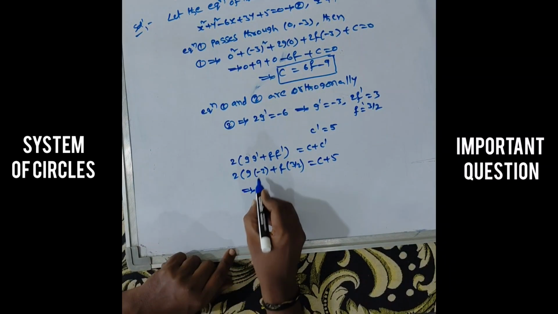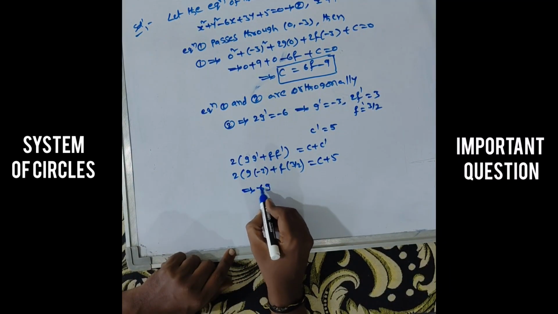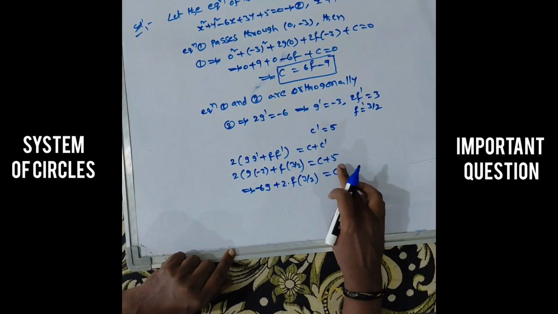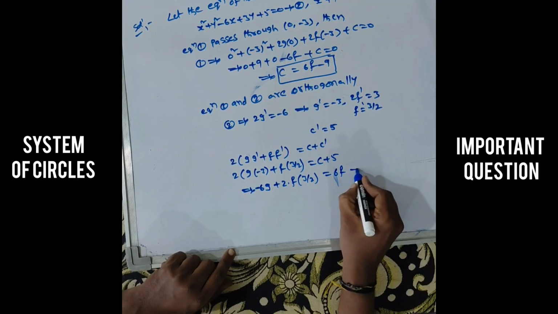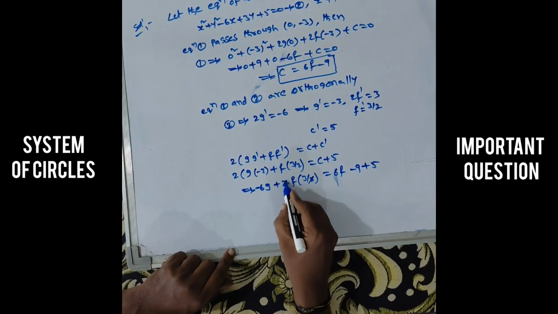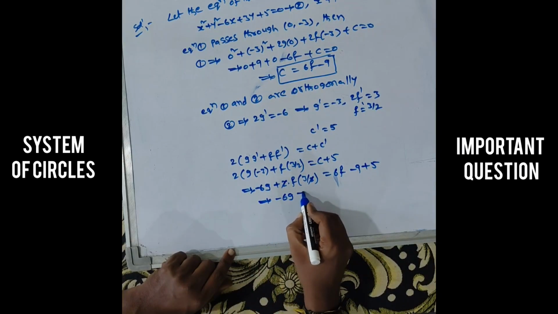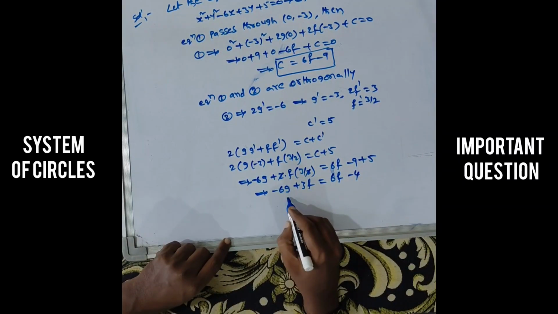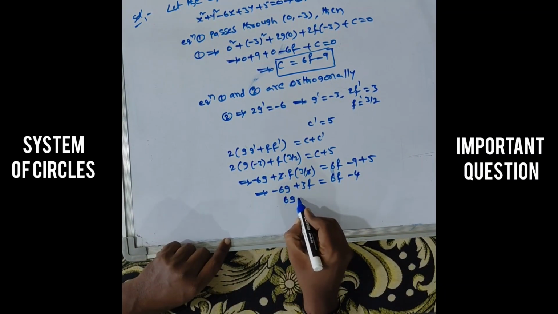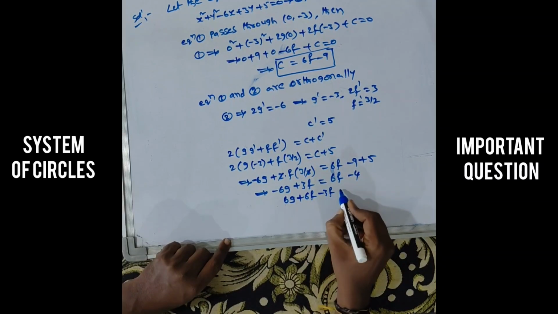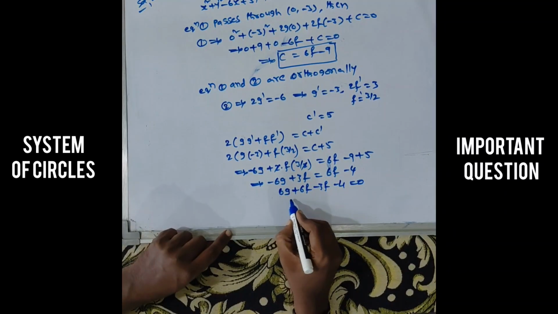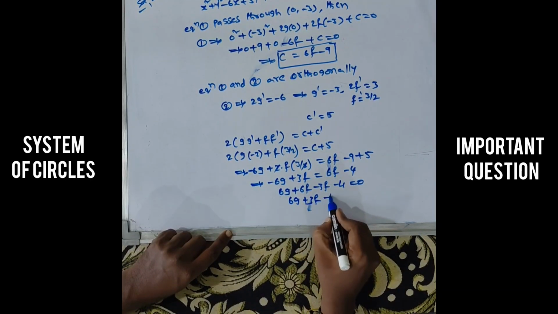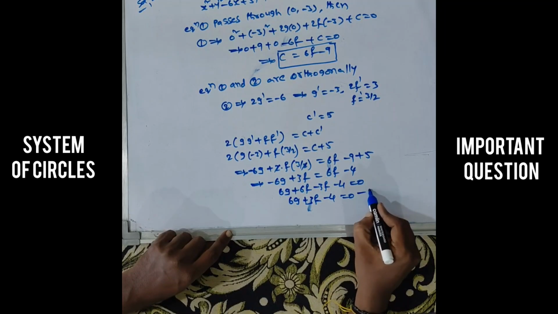This implies -6g + 3f = 6f - 9 + 5, that is 6f - 4. Now take these two terms to the right side: 6g + 6f - 3f - 4 = 0. That is 6g + 3f - 4 = 0. This is equation number 4.